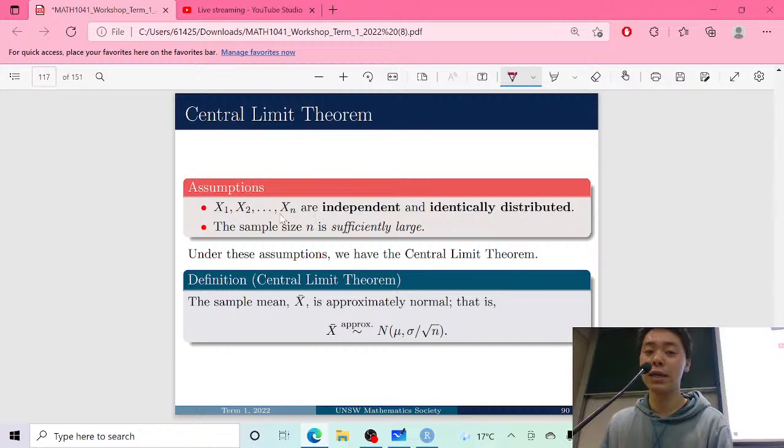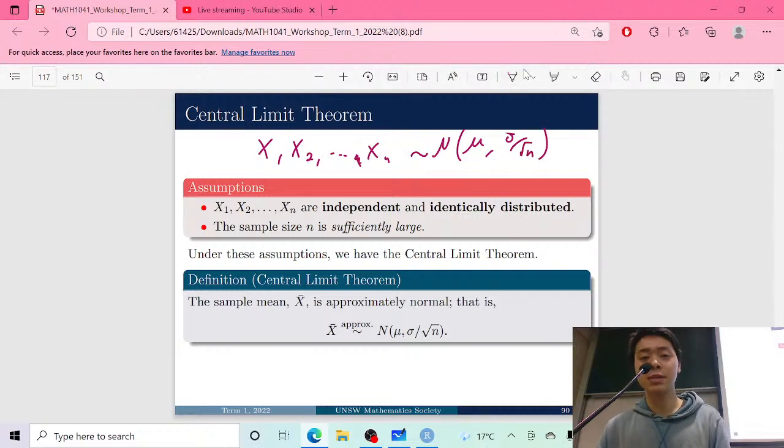The sample mean is always going to approximate a really nice normal distribution. So if I have x1, x2 up to xn, then as we sample more and more random variables, this will approximately follow a normal distribution with mean mu and standard deviation being this.